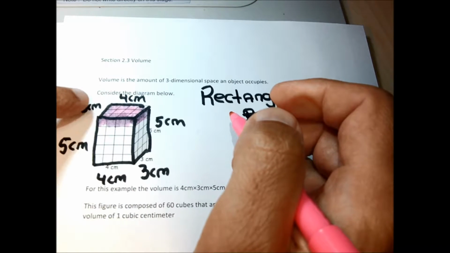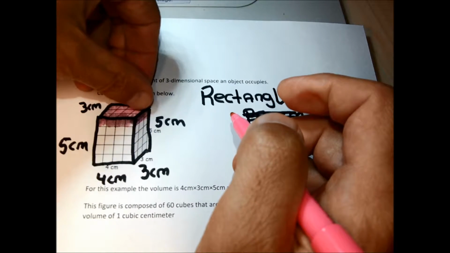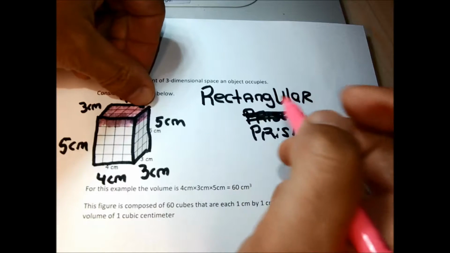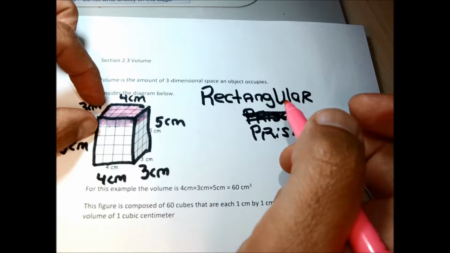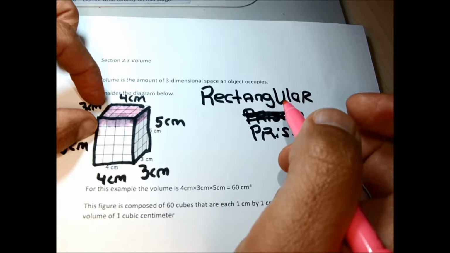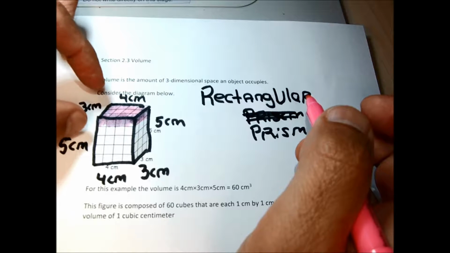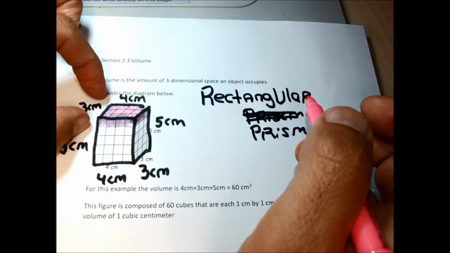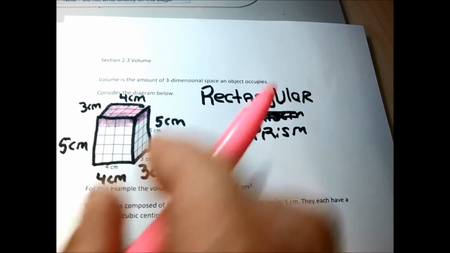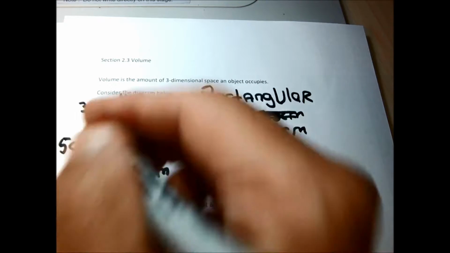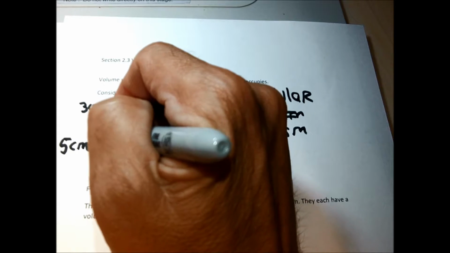To fill up this top layer, if you counted the number of boxes, there's 1, 2, 3, 4, 5, 6, 7, 8, 9, 10, 11, 12. There's 12 boxes that are 1 centimeter by 1 centimeter by 1 centimeter that make up the top layer of this rectangular prism. So the top layer has a volume of 12 cubic centimeters because it takes 12 boxes that are 1 cubic centimeter to fill it up.